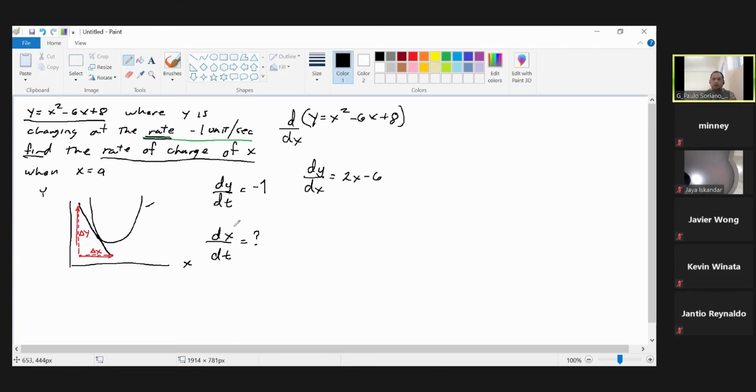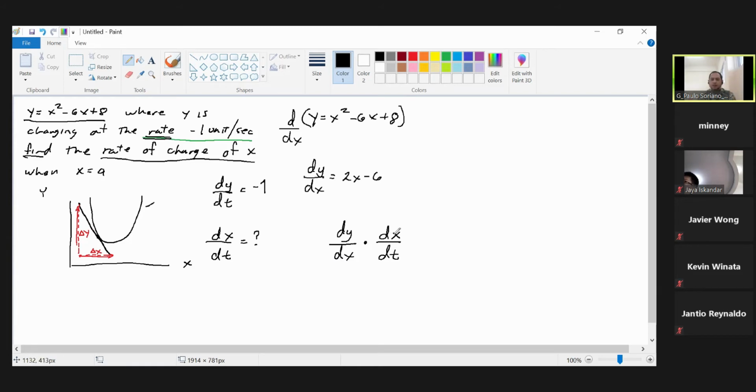So how are we now going to connect these two together? The way to do that is you copy that dy/dx, and then multiply it by dx/dt. What will happen? The dx will cancel, correct?